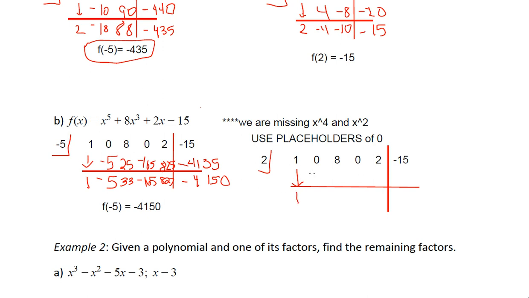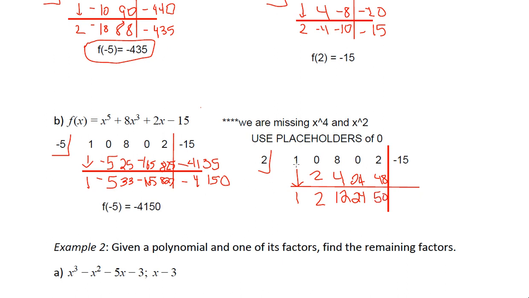2 times 1 is 2. 0 plus 2 is 2. 2 times 2 is 4. 8 plus 4 is 12. 2 times 12, 24. This brings down 24. 2 times 24 is 48. This is 50.